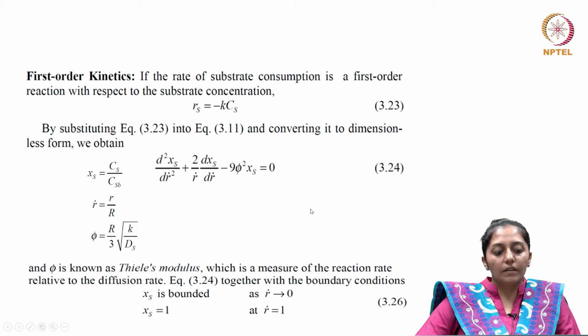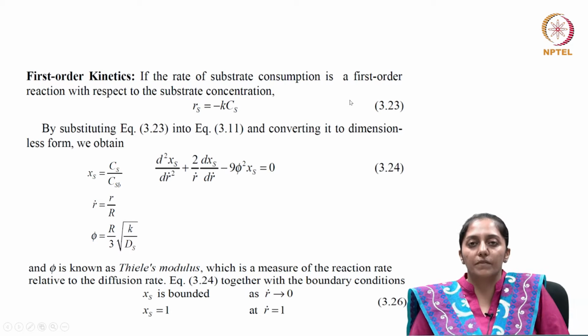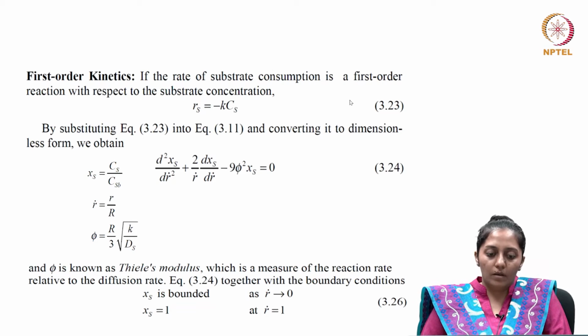If you can see on the slide, the first order kinetics is a linear function of the substrate. Because the rate of reaction is in terms of the substrate, the sign is negative for the rate constant, and Cs stands for the concentration of the substrate.